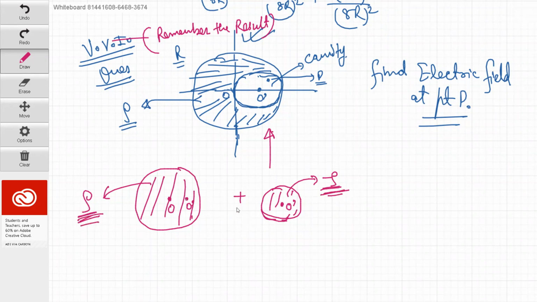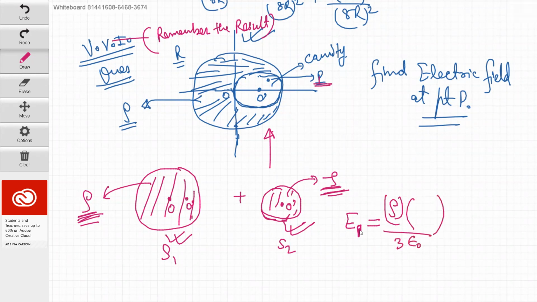Can I say that the electric field at point P will be due to this sphere and due to this sphere? Obviously. So the electric field at point P is due to spheres S1 and S2. Point P is inside with respect to S1, so I will apply the formula rho r by 3 epsilon naught. What is r for it?